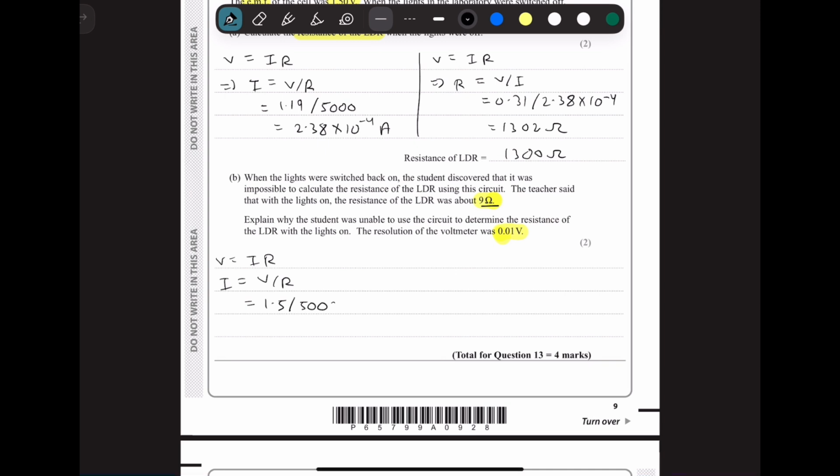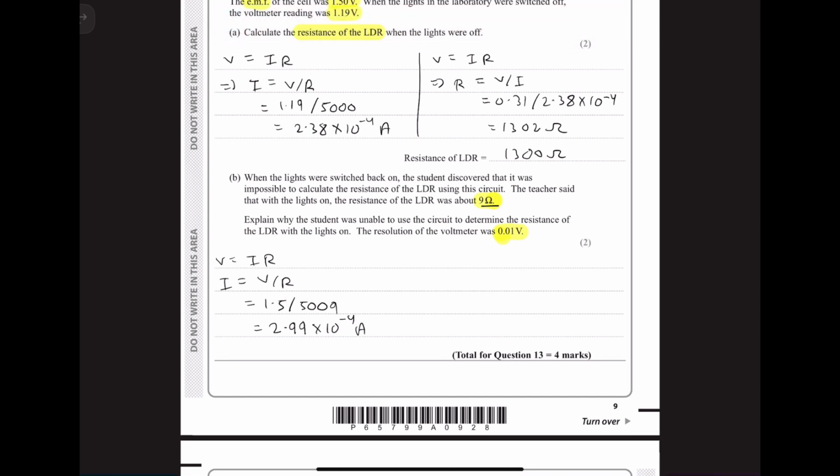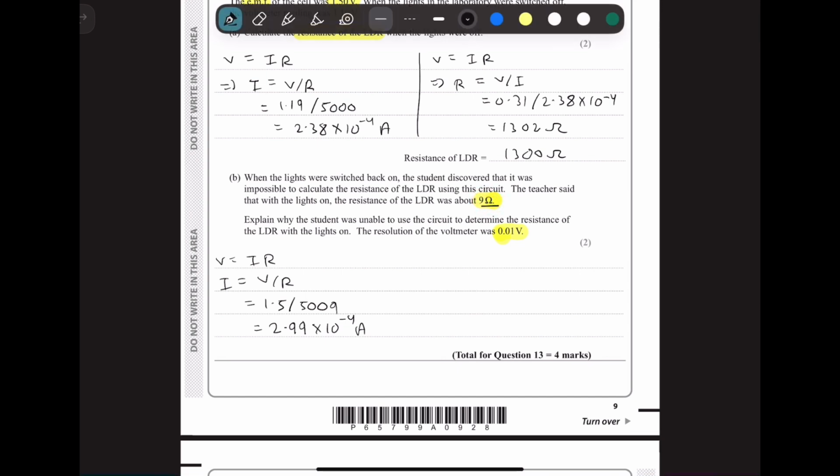So the current is 1.5 over 5,000 plus 9. We simply get 2.995, or 2.99 times 10 to the power minus 4 amperes. That is the total current in the circuit when the resistance of the LDR is 9 ohms.